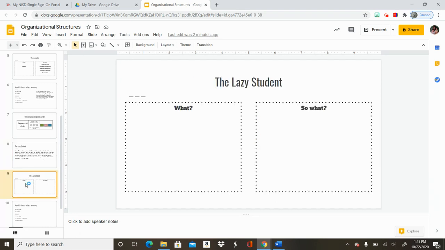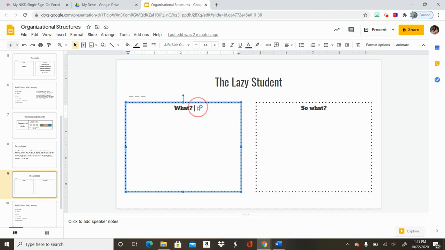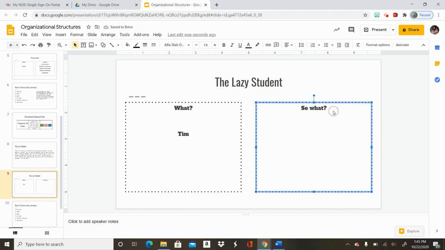All right. So now we come to our what, so what. Who or what was this little passage about? It was about Tim. What about Tim? Let's think about what it said. He didn't want to go to school.